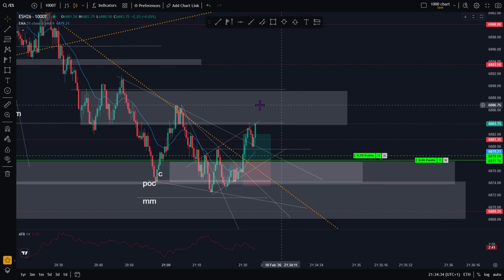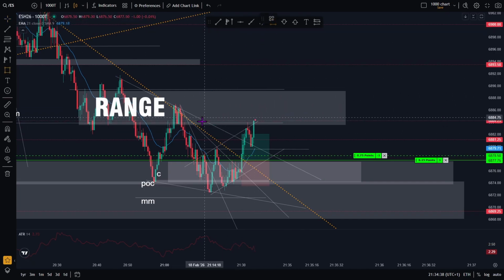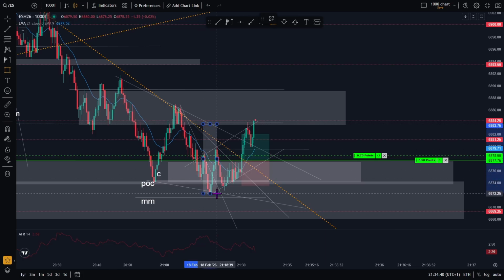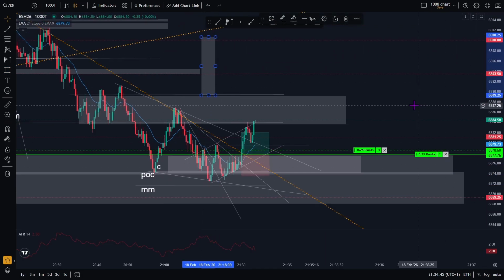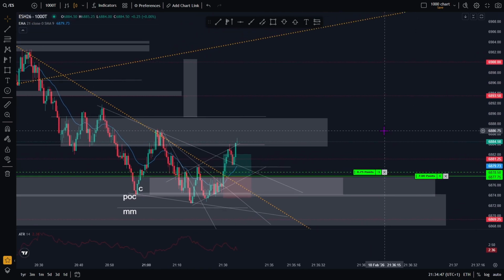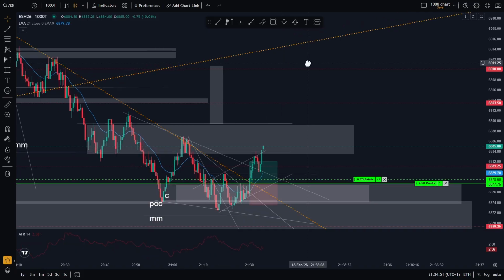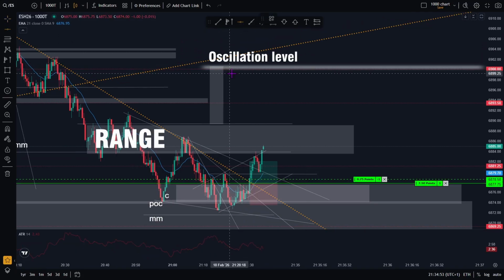Yes, we have now here a range, and if this is the range, it's probable to get also the oscillation around the range, which is this one, which is this level. I think this is very probable.